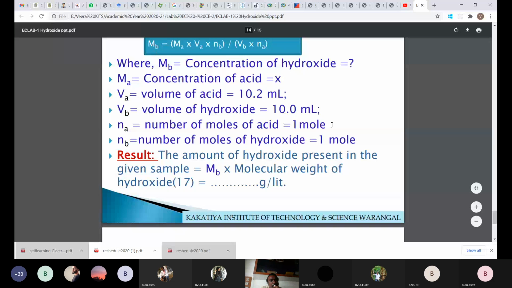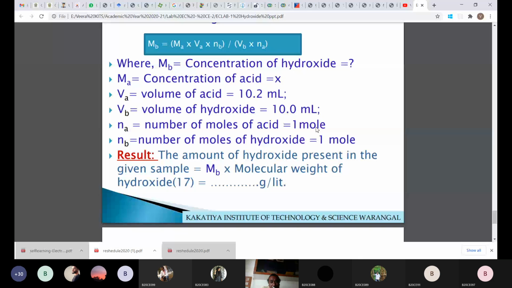Okay, and then what is the objective of this experiment? You have to estimate the amount of hydroxide. The amount of hydroxide present in the given sample is equal to the concentration of hydroxide multiplied by the molecular weight of hydroxide. The molecular weight of hydroxide is 17.